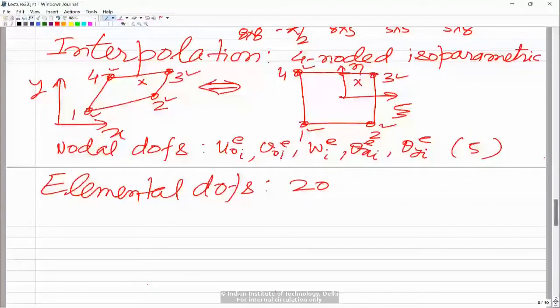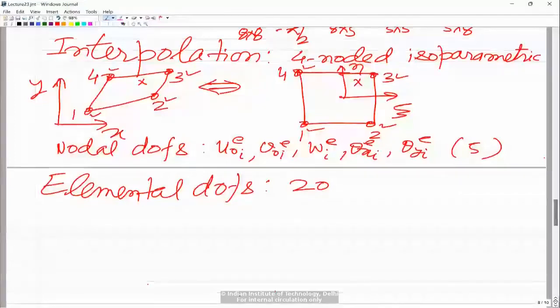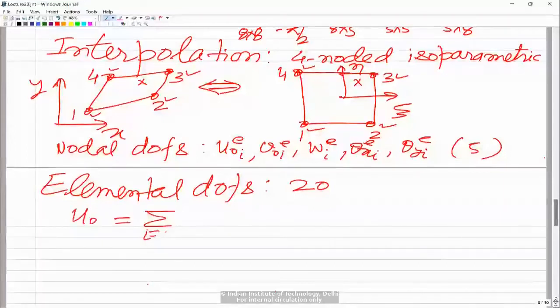Since this is a 4 noded element, if you look at the interpolation, we would write u naught in terms of 4 shape functions. The logic I have already discussed earlier, so that concept is same. So we have summation of Ni into u naught I e. So this is the interpolation for u naught.